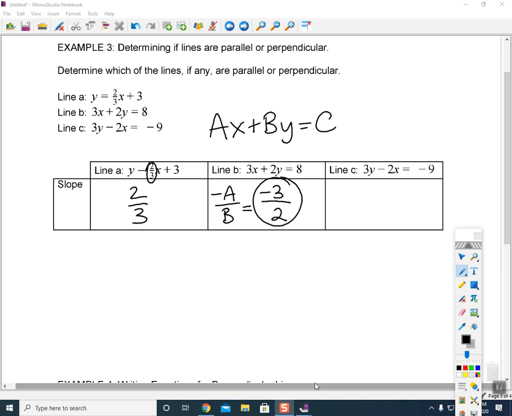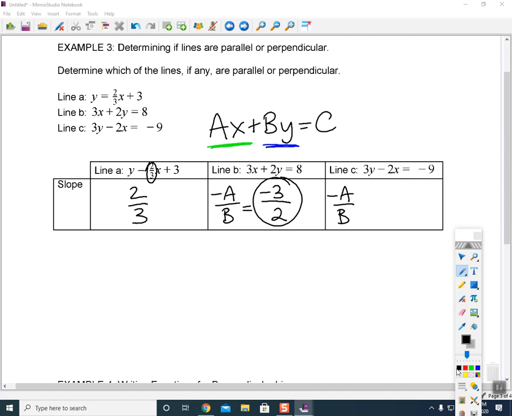Okay, and then for line C, we're going to do the same thing. It's still going to be opposite a over b. But something that you have to pay attention to, right, is that my a value is x and my b value is y.